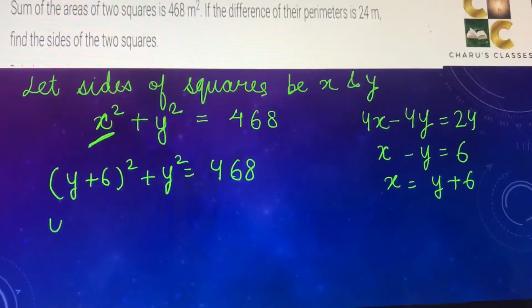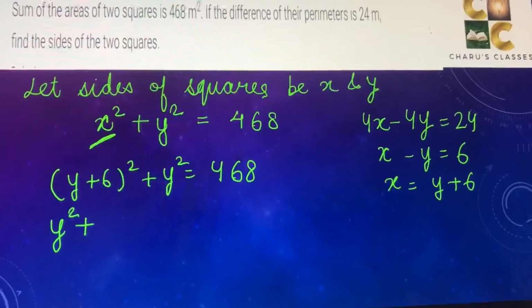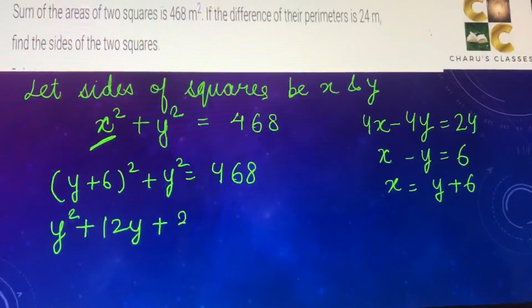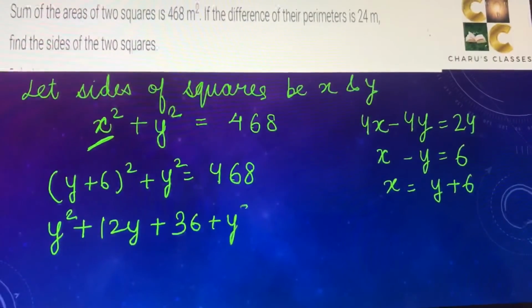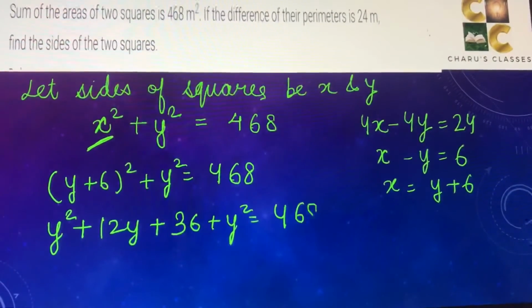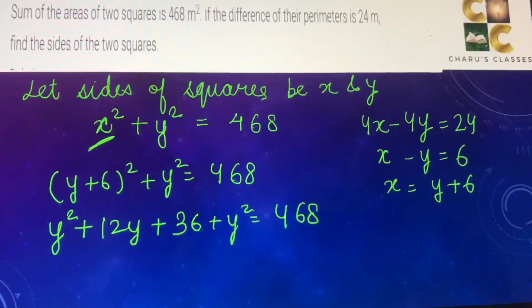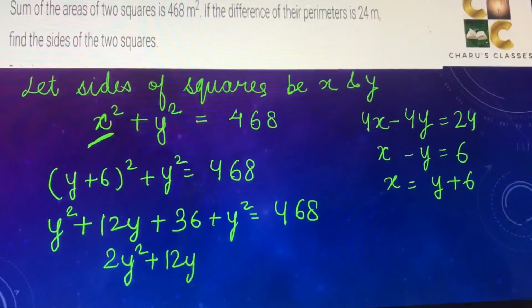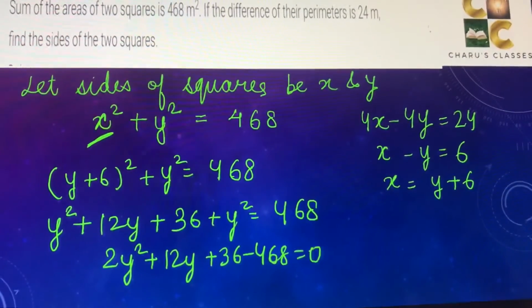A plus b whole square formula. So we have y square plus 2 into 6y, that is 12y, plus 6 square, that is 36, plus y square is equal to 468. So we have 2y square plus 12y plus 36 minus 468 is equal to 0.